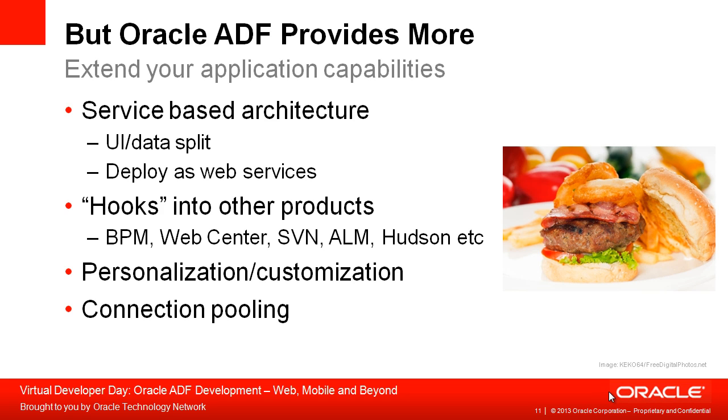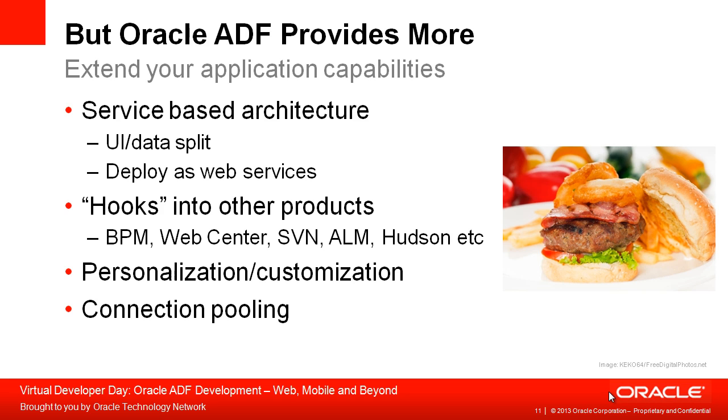There's also things like connection pooling. So in the forms world, one user, one database connection, 1,000 users, 1,000 database connections. Now, there is obviously a cost with every database connection you have there. Now, what ADF does is it says, well, look, there's quite a lot of think time in any application. There's time when the user's sipping a cup of tea, they're not hitting the keyboard, and in those times, that user's connection could be shared with someone else who's actually doing work at that point.